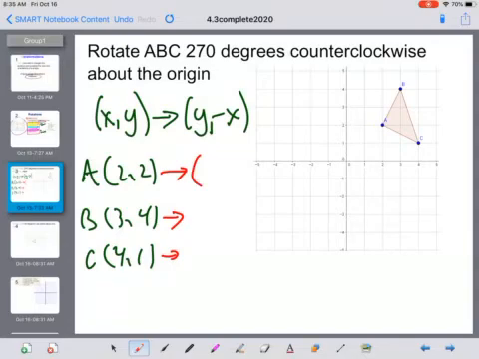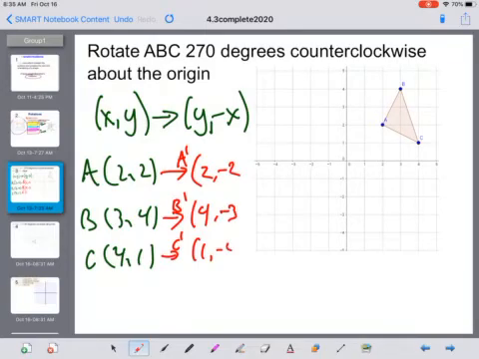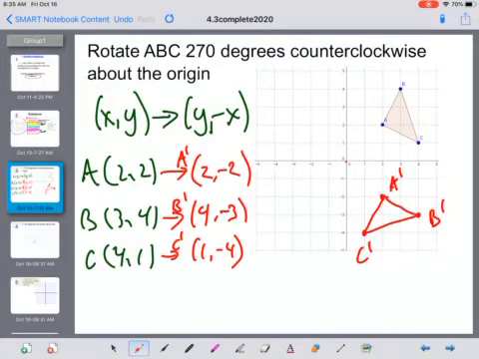My y values go first, and this should be A prime, B prime, and C prime. My y values go first, and then I'm going to take the opposite of my x values. And this would be my new triangle, as I am going 270 degrees around the origin.